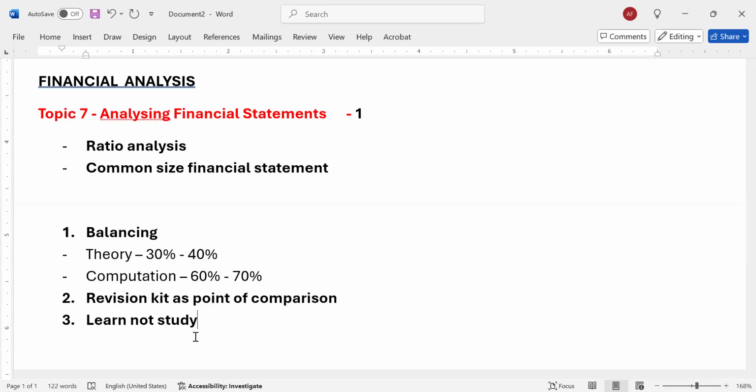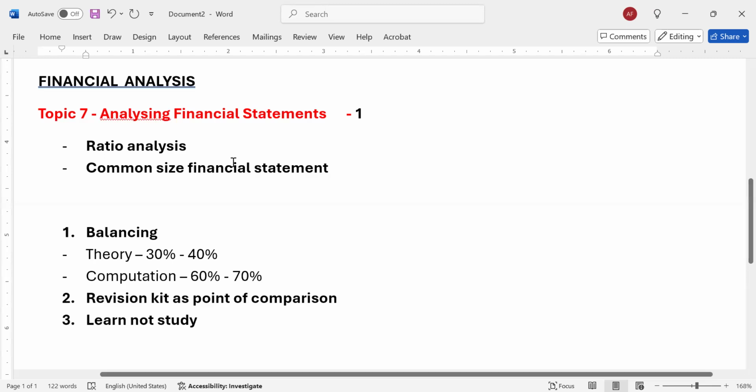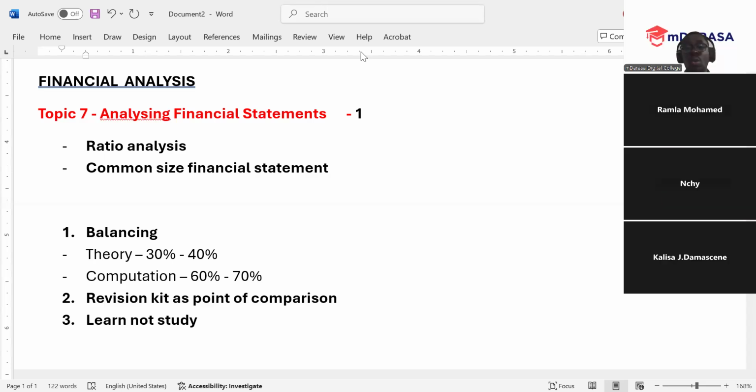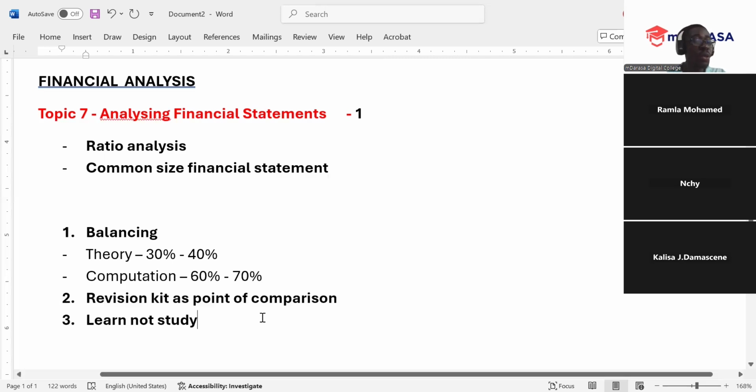Then, Mwalimu mentioned that practically speaking, we're looking at 3.5 months. We should be expected to clear everything in our syllabus and also have time to do our revision. The question is, how are we going to achieve this?